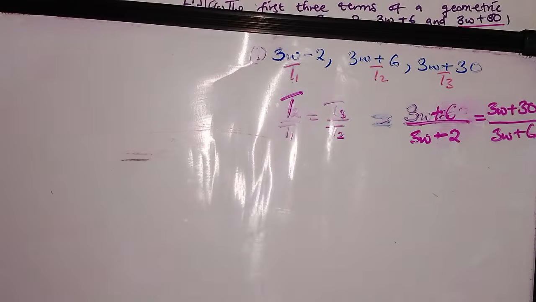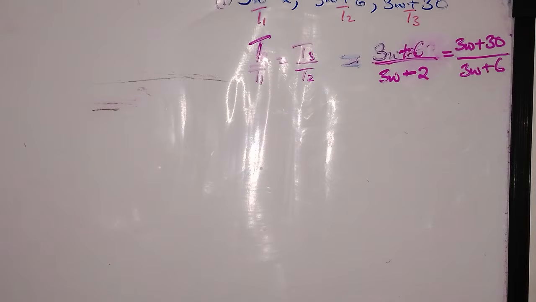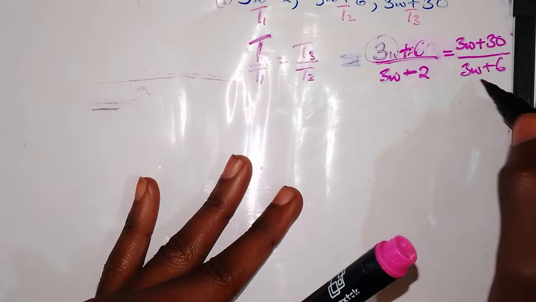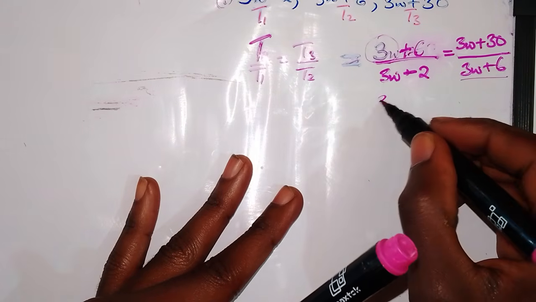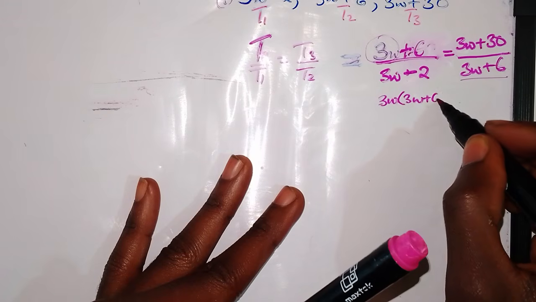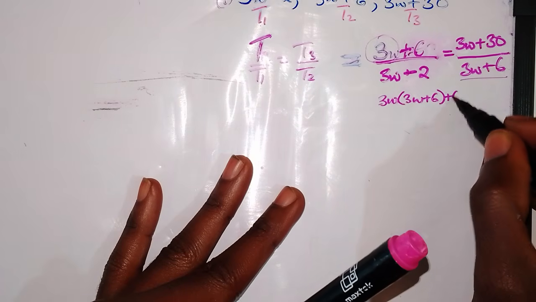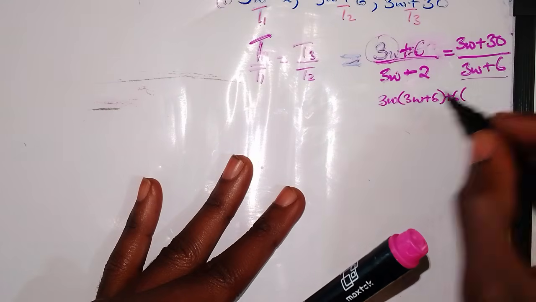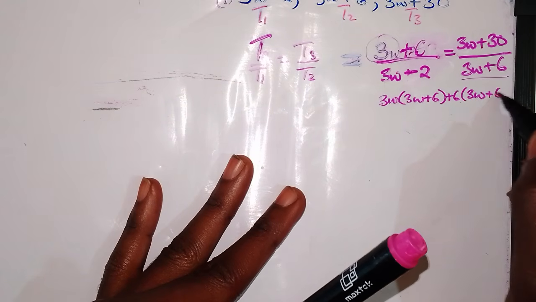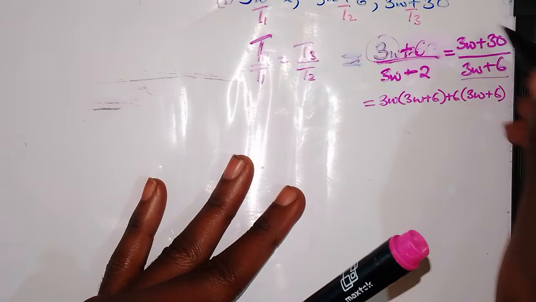So now after doing like this, you can cross multiply. So you say everything here will multiply everything here. So you say 3W multiplied by 3W plus 6, plus 6 multiplied by everything here, which is 3W plus 6. Due to some space, this side I'll write it here.